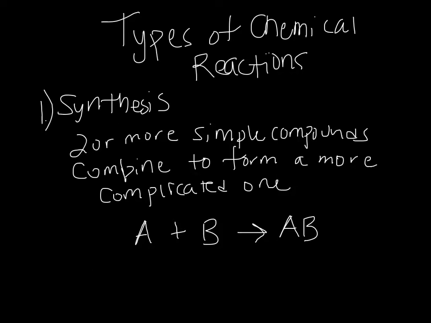So for example, if we had iron plus sulfur, we could yield iron 2 sulfate. So that would be an example of a real synthesis reaction. So we have 2 or more simples that combine together to make something more complicated.